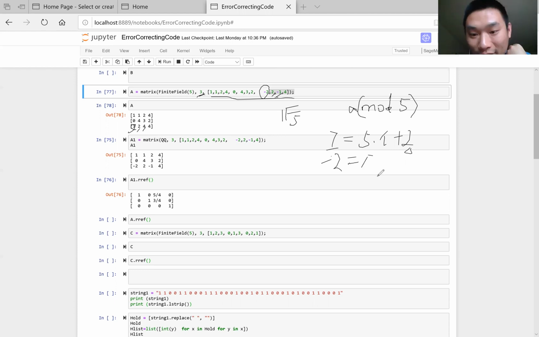My pen is not writing well here, but the point is the remainder is 3. Okay, anyway, I think now we are clear what the matrix is, right? We should start with this matrix.